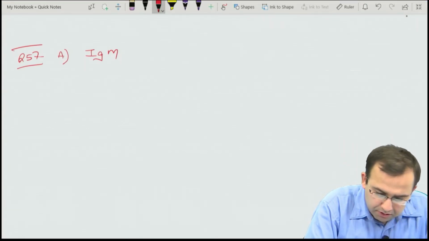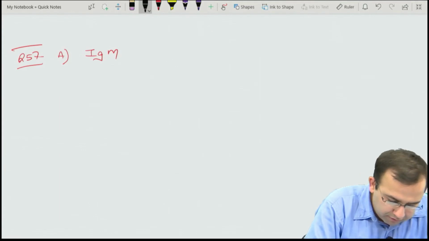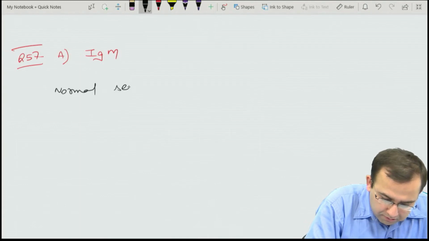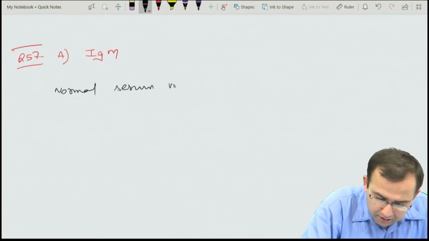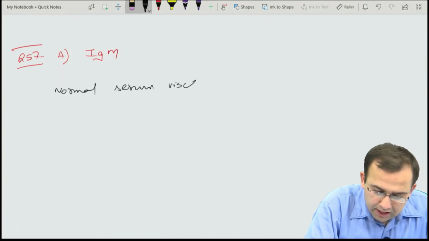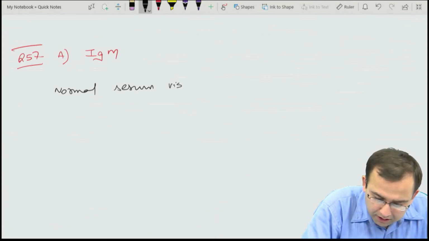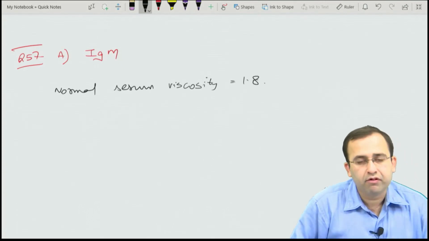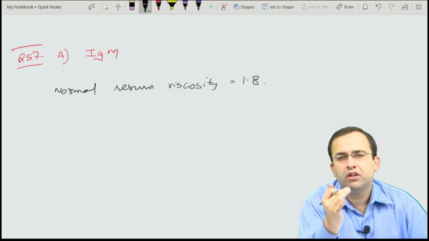Next point, let us have a look at what we mean by hyperviscosity. Look, the normal relative serum viscosity is 1.8. What are we comparing it with? Water.